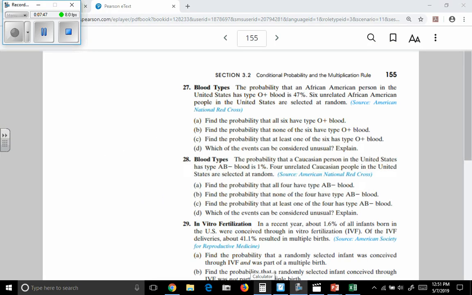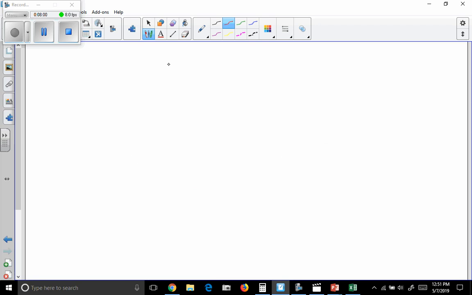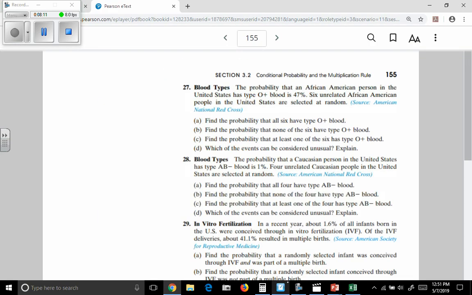All right, let's look at number 28. Number 28 says the probability that a Caucasian person in the United States has type AB blood is 1%. So the probability that a person has type AB blood is 1%, or as a decimal, 0.01. 4 unrelated people in the United States are selected at random.